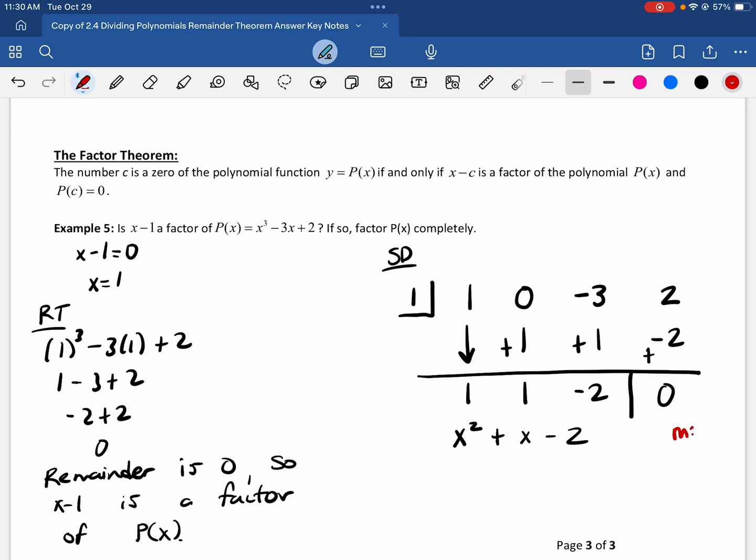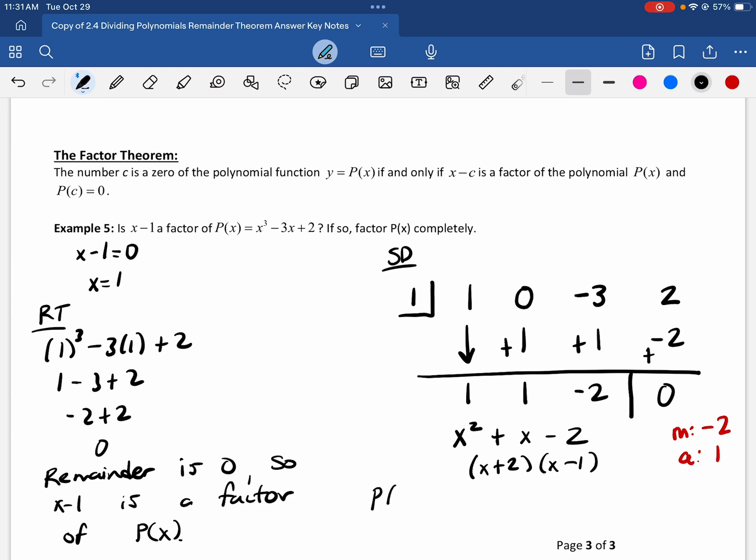We would need two numbers that we can multiply together that give us negative 2. And when we take the same two numbers and we add them together, we get 1. So multiply to give us a negative 2. Add them when we get a positive 1. I believe that would be a positive 2 and a negative 1. And so I can't do anything else more. That's as factored as it gets.